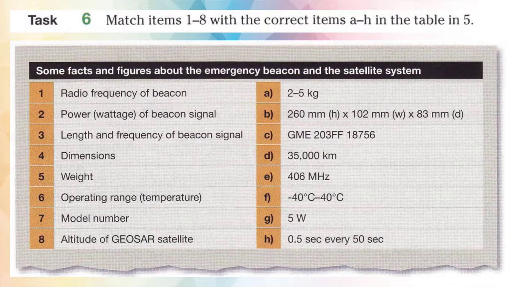Radio frequency of beacon. It's E, 406 megahertz. Power watt of beacon signal. It's G, 5 watt. Length and frequency of beacon signal. H. Dimensions.